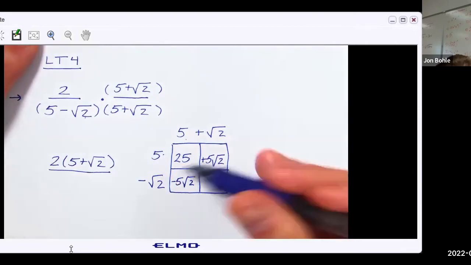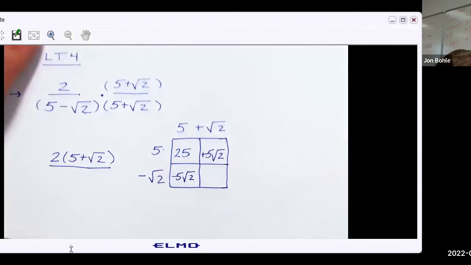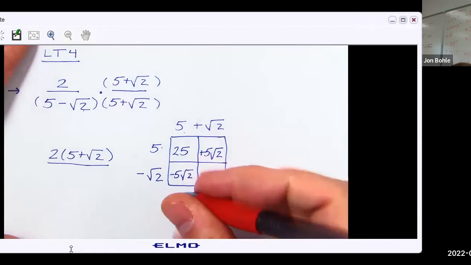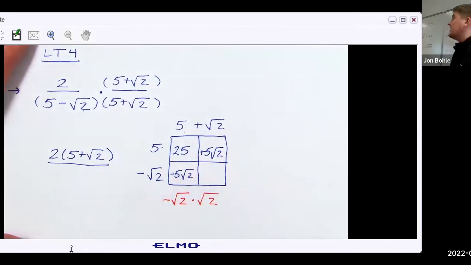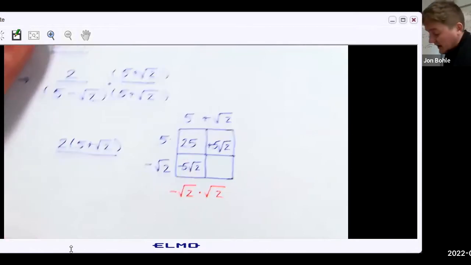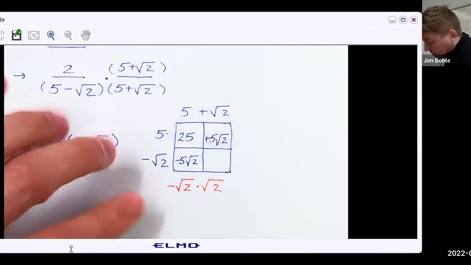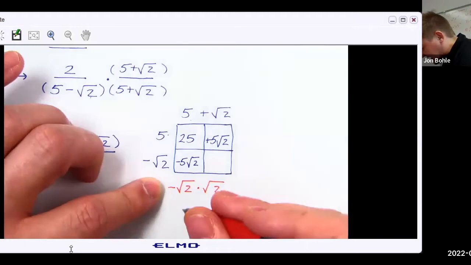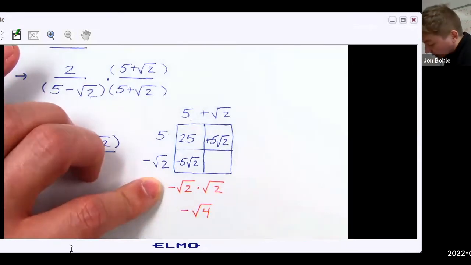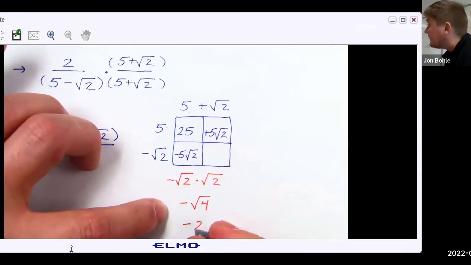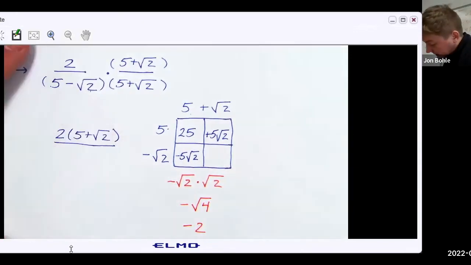And then negative square root of 2 times positive square root of 2 is negative 2. But this is why: because negative square root of 2 times positive square root of 2, I can multiply these and put them together to say this is the negative square root of 4. Square root of 4 is 2, but we want the negative version, so it's negative 2.